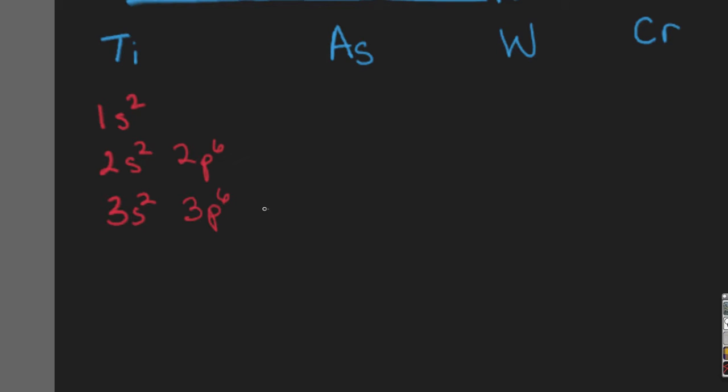And then it goes diagonal, diagonal, diagonal. So in this case it would be 3p6, then 4s2. Then we would go into the 3d2, and that should add up to 22. So there's 4, 10, 12, 18, 20, 22. Okay? So if you were to write it out, it would look like this.